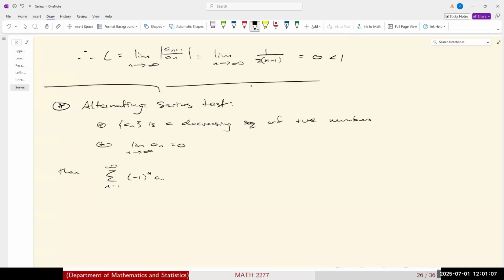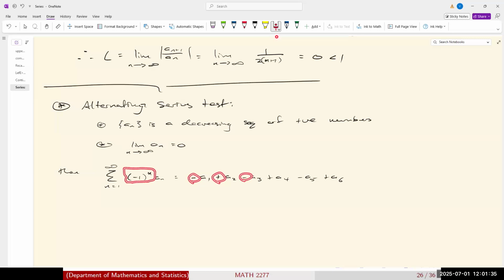Okay, so what does this look like? Well, sub in n equals 1, you get minus a1. When n is 2, you get plus a2, minus a3, plus a4, minus a5, plus a6. That's what I meant by this (-1)^n.